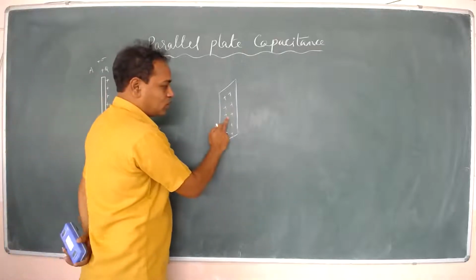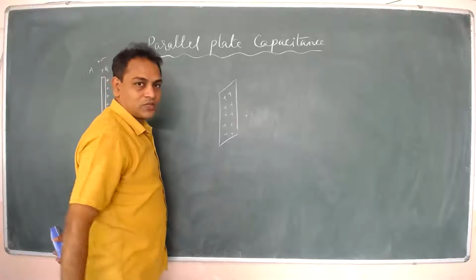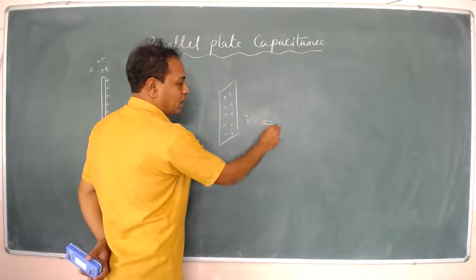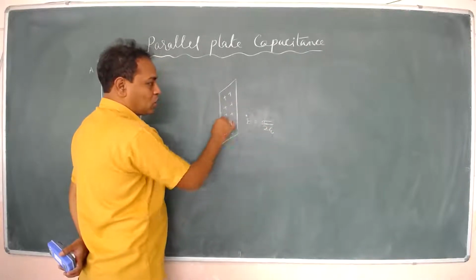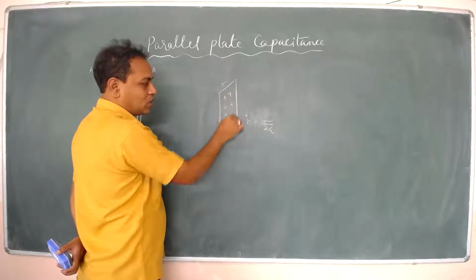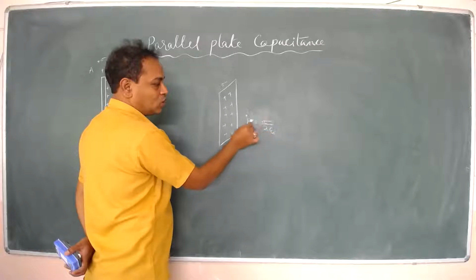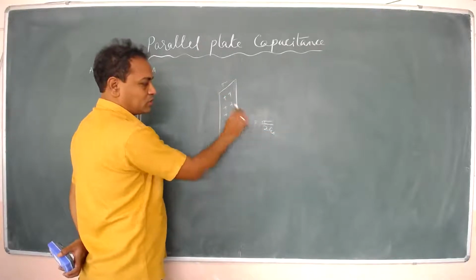We know that for this, the electric field just beside it, we have calculated, is E equal to sigma by 2 epsilon naught, where sigma is the areal charge density of this plane sheet. It gives the electric field intensity at this point due to this plane sheet.